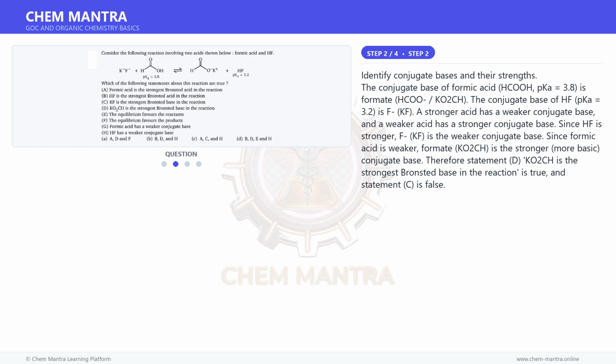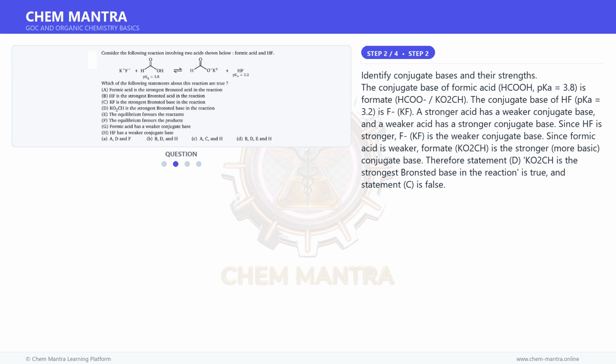Identify conjugate bases and their strengths. The conjugate base of formic acid, HCOOH, pKa equal to 3.8, is formate, HCOO−. The conjugate base of HF, pKa equal to 3.2, is F−. A stronger acid has a weaker conjugate base, and a weaker acid has a stronger conjugate base.